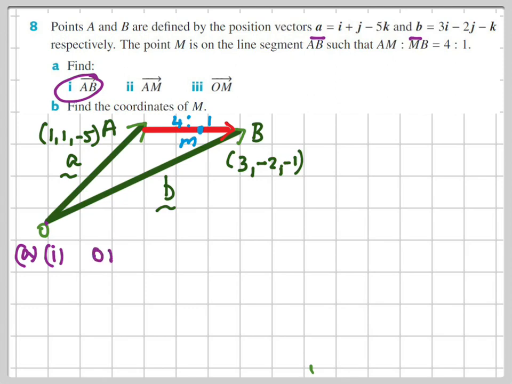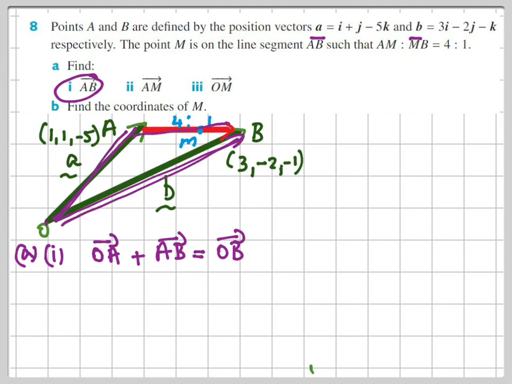vector OA, this one here, plus vector AB, which is what I want to find, is equal to vector OB. So that vector plus that vector will yield vector OB.